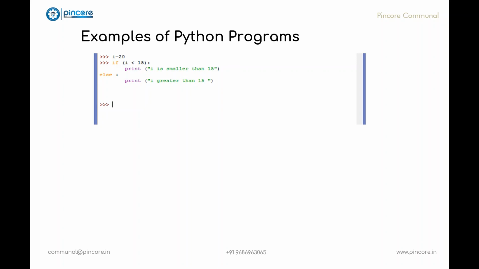Let's run the program now in interactive mode. You can see that it gives the output as i is greater than 15. Since the value of i is 20, 20 is not less than 15. So it comes to the else part, and whatever statement I have given within double quotes is printed.